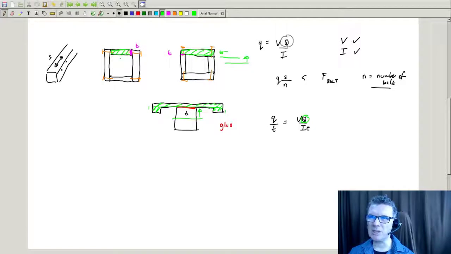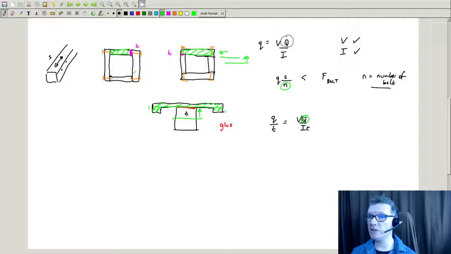You've got to identify a particular body that's trying to shear away from the other part of the body. And if you're dealing with bolts or nails, you need to add up how many bolts or nails and then take that into account, and divide basically by that value there. So that should cover everything.